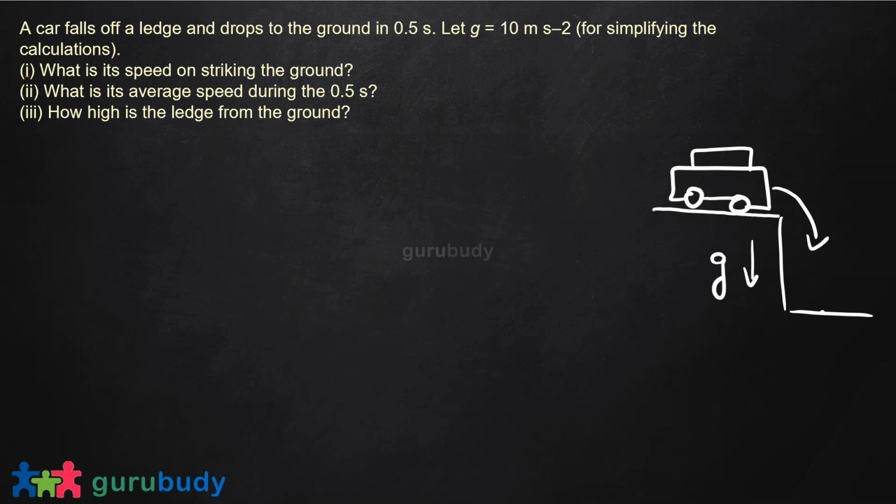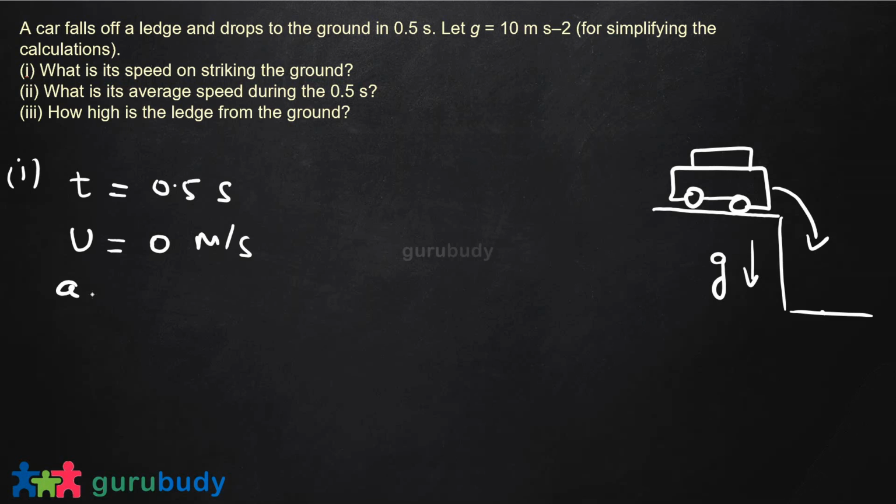To solve this problem, first we know that the car takes about half a second to reach the ground. And the initial velocity u of the car is 0, because initially the car was at rest. It was just standing there.